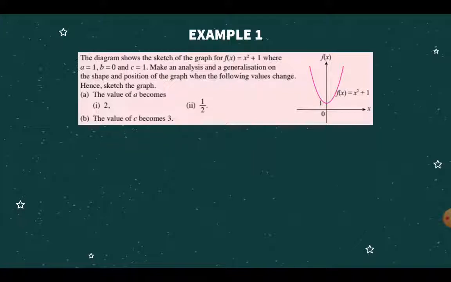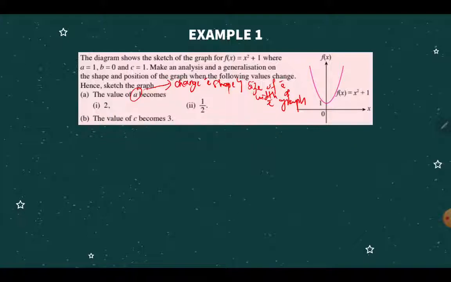Remember, when we talk about a, what does it change? It changes the shape and size, the width of the graph.